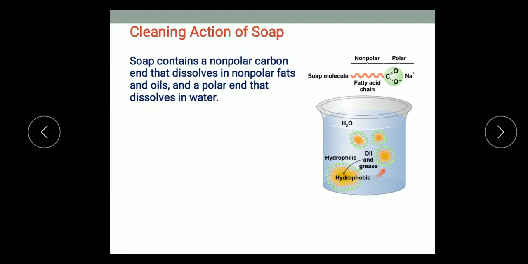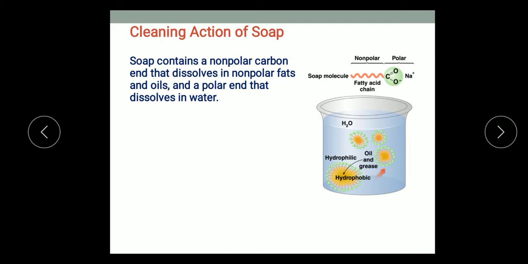So when we add a dirty cloth in the soap solution, what happens? It forms a micelle around the dirt or oily things by its hydrophobic chain and dissolves the oil into it. But the whole micelle is water soluble because its outer surface is hydrophilic.